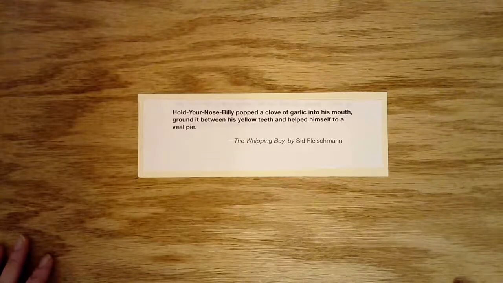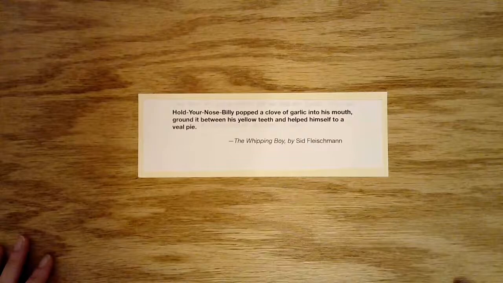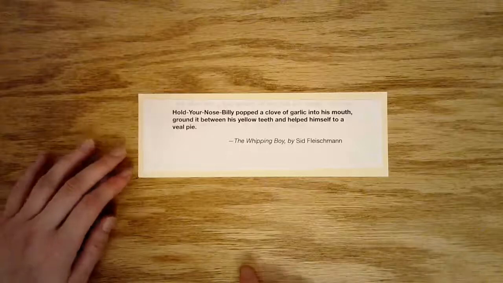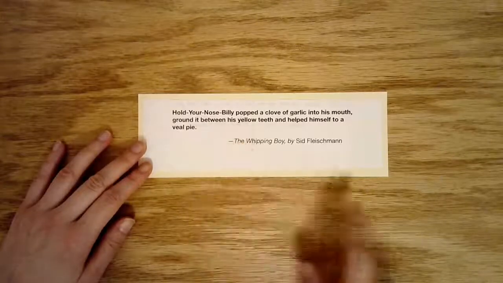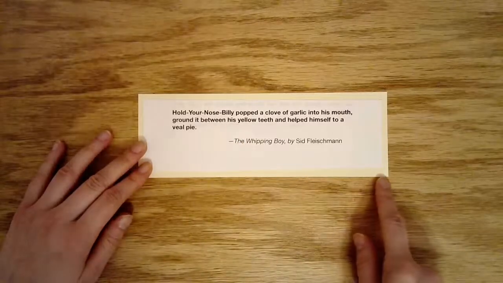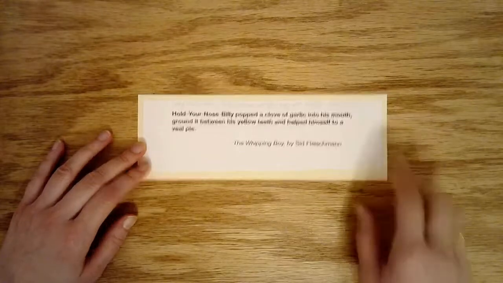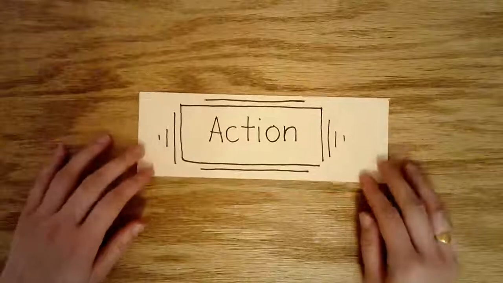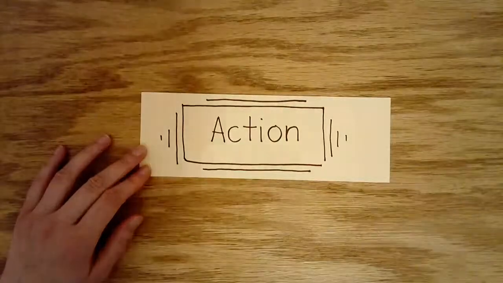And you kind of get a sense of who this character is. I mean, to eat a raw clove of garlic, I cannot imagine, but it starts right away with an action, how he pops that clove of garlic into his mouth. So that, again, is action. That's literally the beginning of that book. So action is one way to start a story.